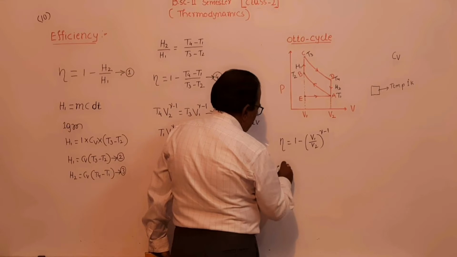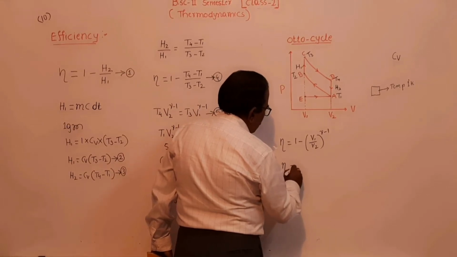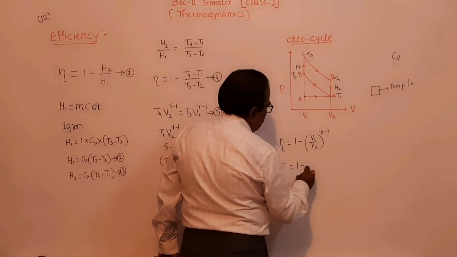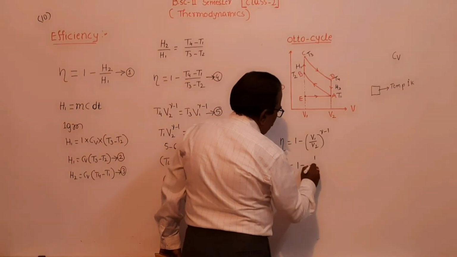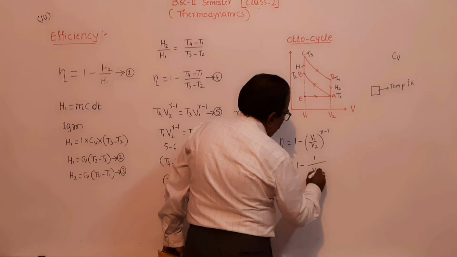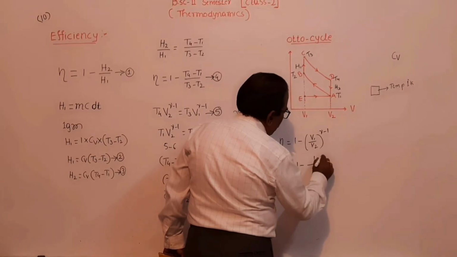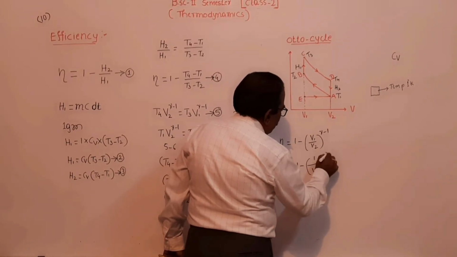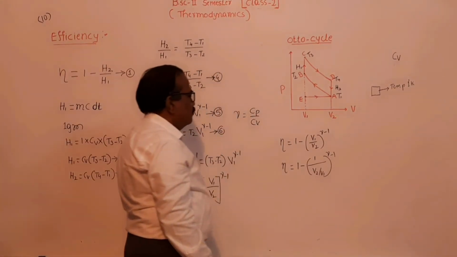Or this is eta is equal to 1 minus 1 upon V2 upon V1 raised to nu minus 1.